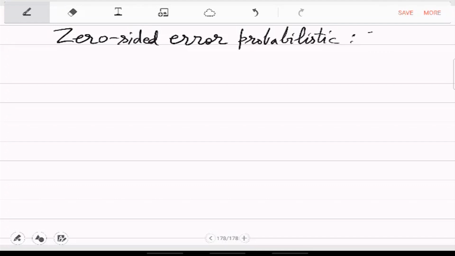So that's the ZPP complexity class. This class will capture probabilistic Turing machines which make no error, but yet the time complexity is not deterministic. It's a random variable, so you can talk about its expectation. These are also called Las Vegas algorithms.